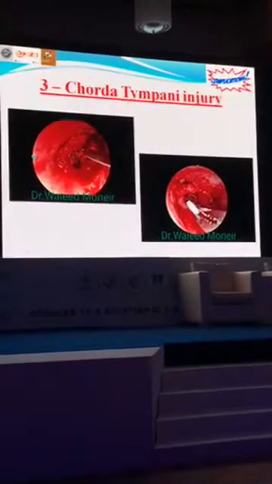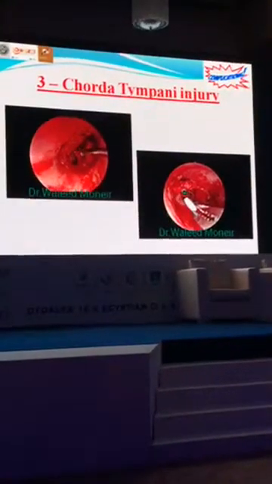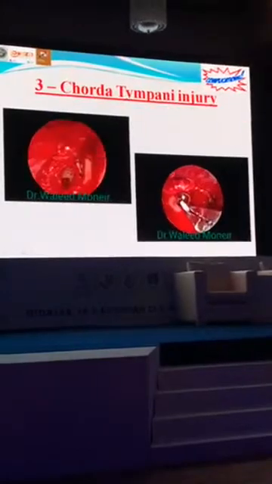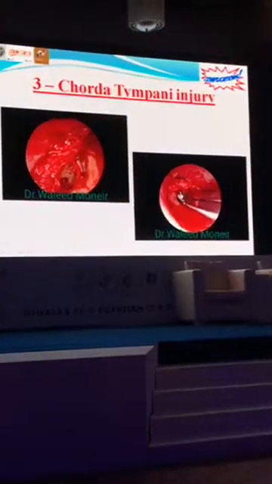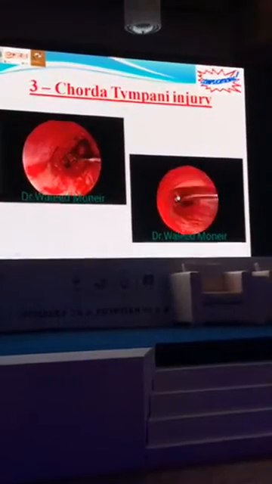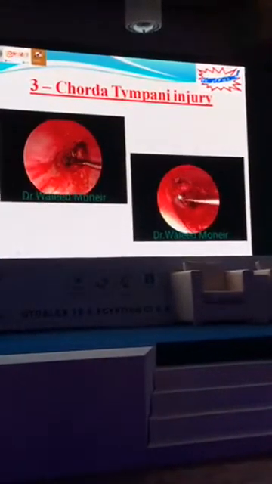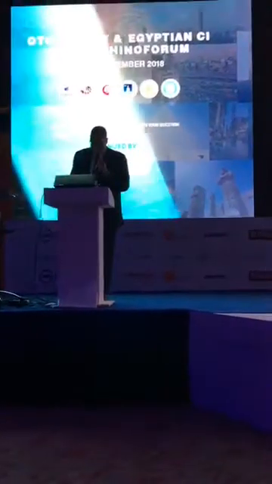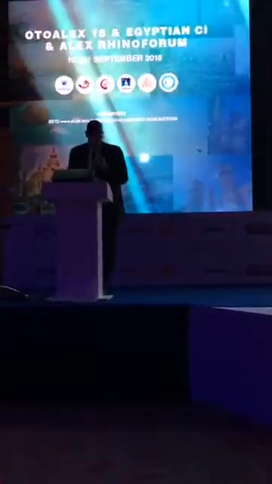Here, by using the endoscope, you can handle the chorda tympani nerve safely and use it to support the prosthesis after insertion around the long process of the incus in its place. The bottom line here is that the role of the endoscope in saving the chorda tympani stands out in cases where the nerve of the other side was injured in a previous operation.